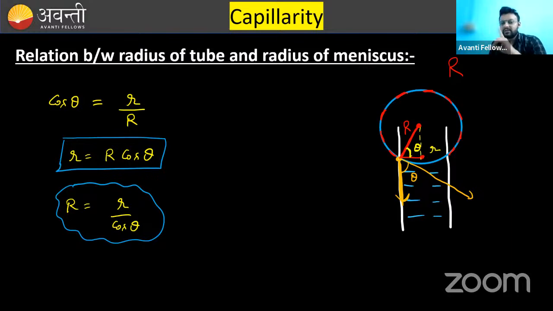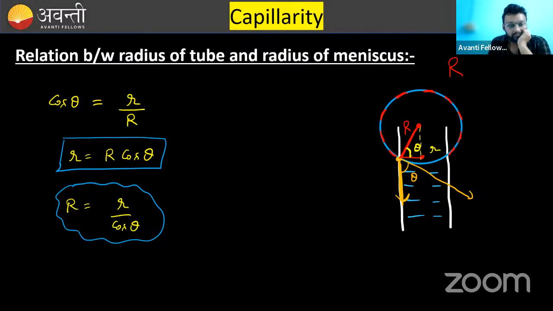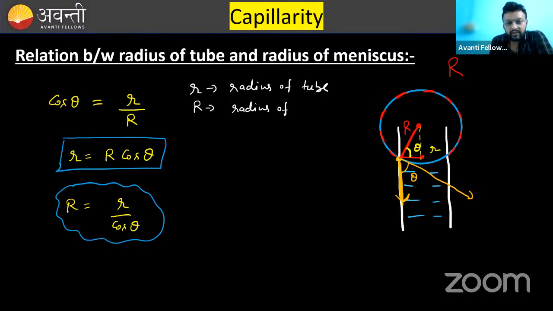So what are the terms here? I will mention all the terms again. Small r is the radius of the tube. Capital R is the radius of the meniscus.